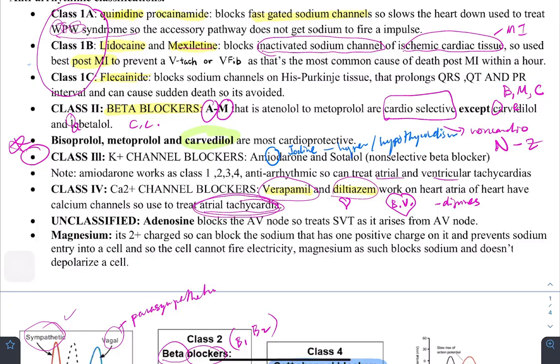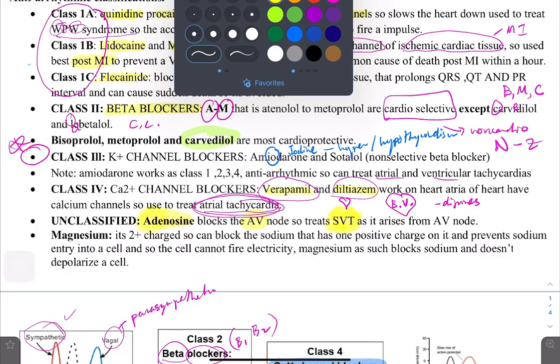The rest of the miscellaneous anti-arrhythmia drugs are your adenosine. Adenosine with the letter A, so it will block the AV node. AV node pathologies usually result in supraventricular tachycardia, SVT. And adenosine blocks the AV node.